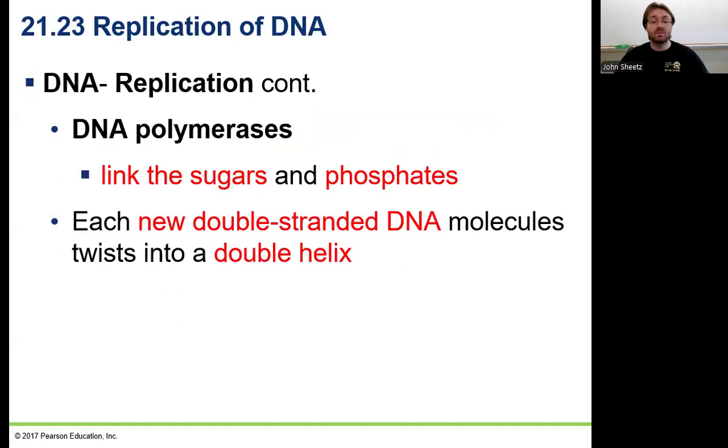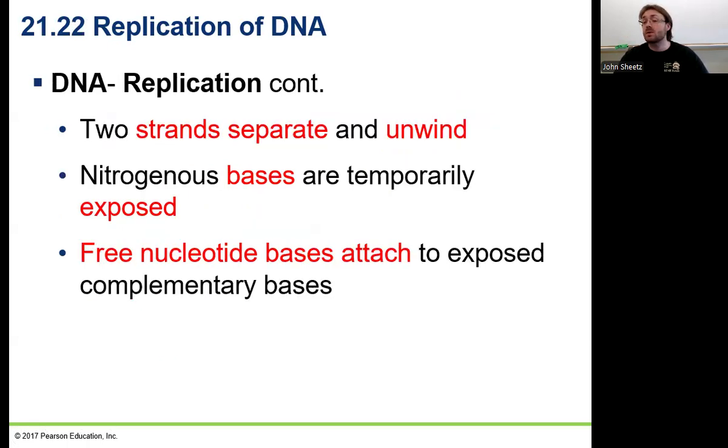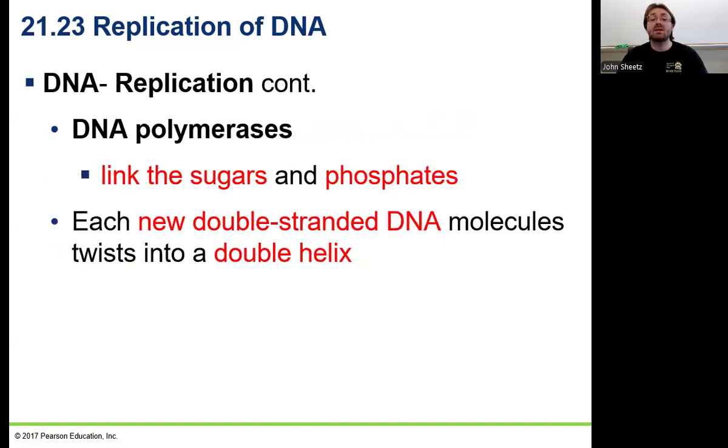DNA polymerases then move through the strand, attaching free-floating base pairs to the strand, and reattach the sugars and the phosphate groups of the base pairs to where they're supposed to be attached, resulting in a new double-stranded DNA helix.